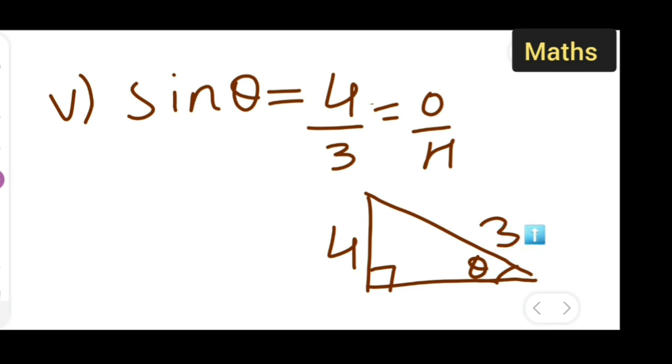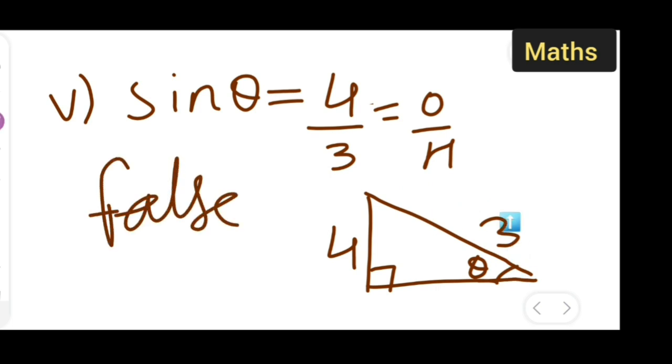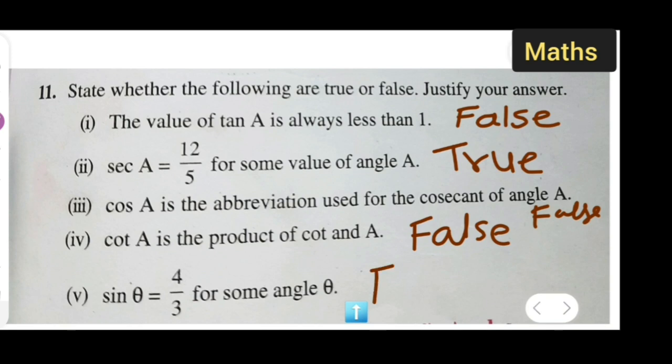But you can see the 3 is too small and the hypotenuse is always greater. So obviously the statement will be false. So the final statement is also false. So we have the second one is true, the first one is false, the third one is false, the fourth one is false, and the fifth one is false.